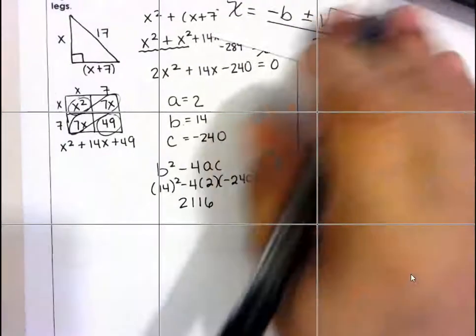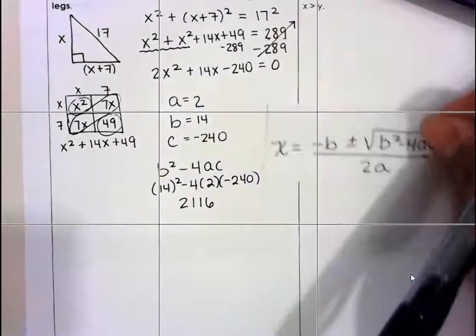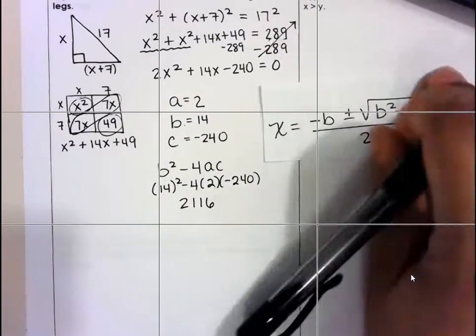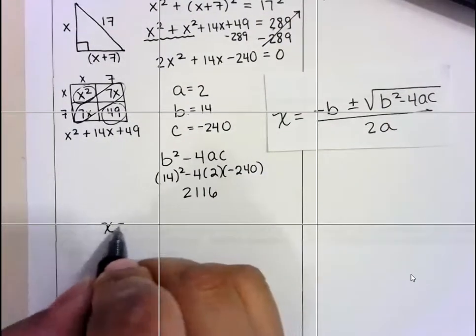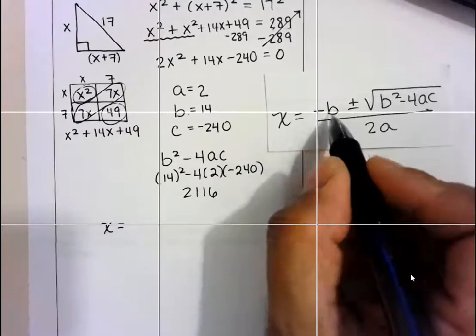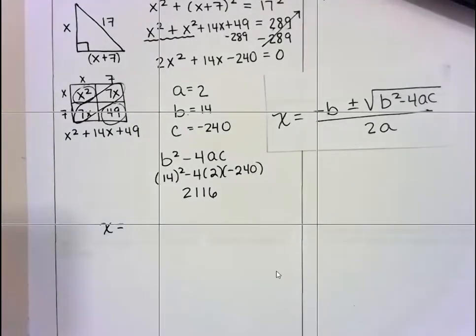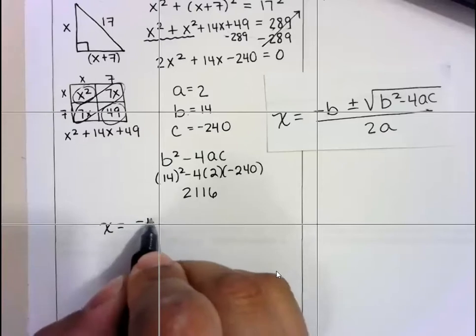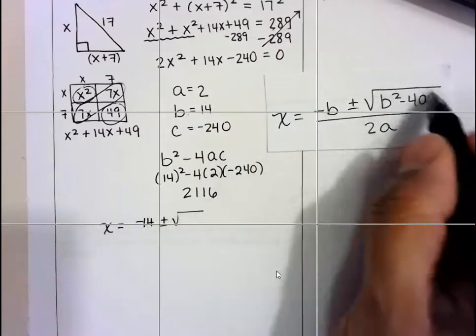Now, where's my quadratic formula? Here it is. Right. So then x equals negative b, that's opposite of b, so my b is 14. So we have negative 14 plus or minus the square root of the discriminant.